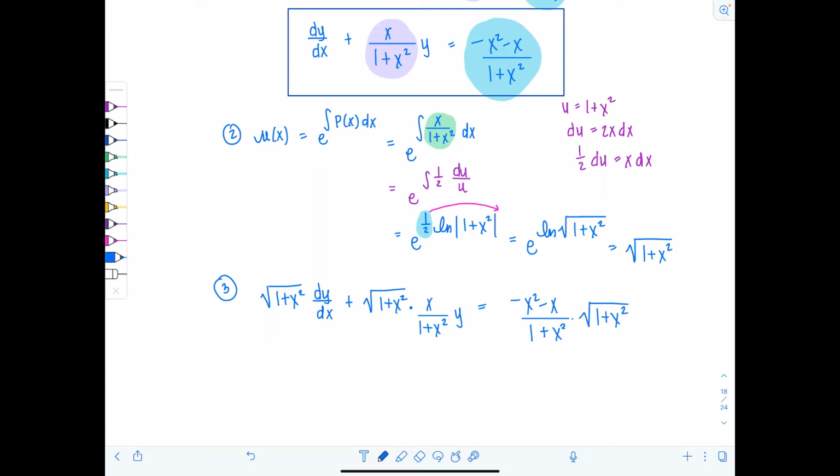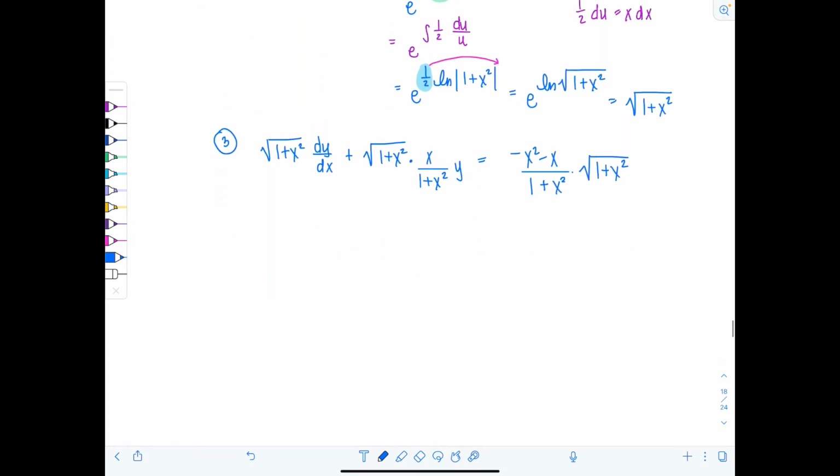All right, let's clean this up just a wee bit. The first term stays the same, rad 1 plus x squared dy/dx. Notice I can cancel out this rad 1 plus x squared, and then now I have a rad 1 plus x squared in the denominator there. So x over rad 1 plus x squared times y.